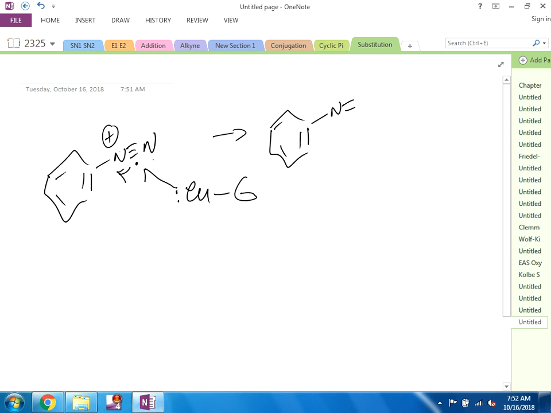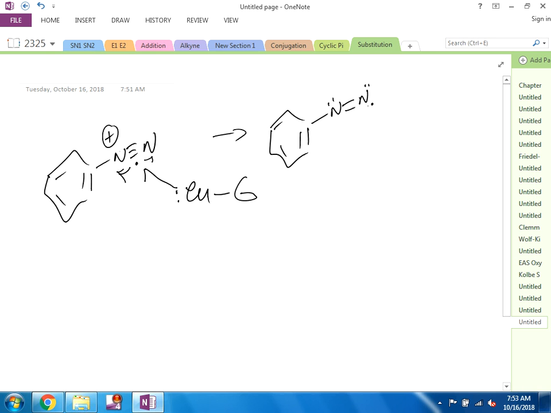So I'm going to break one of the pi bonds right here, and I'm going to put 2 electrons on one side and 1 electron on the other side. So I've broken the pi bond, I'm not violating the Lewis octet rule, and all the nitrogens are actually neutral, because adding an extra electron to a positive charge should neutralize things.